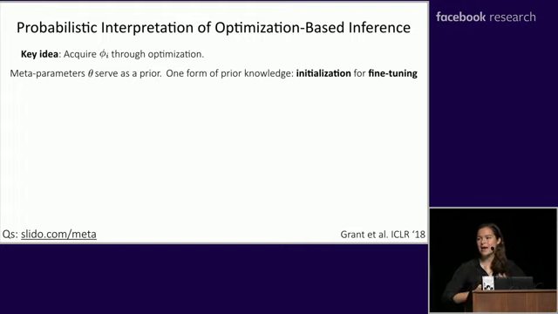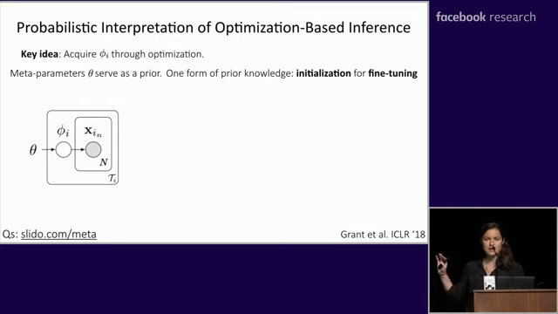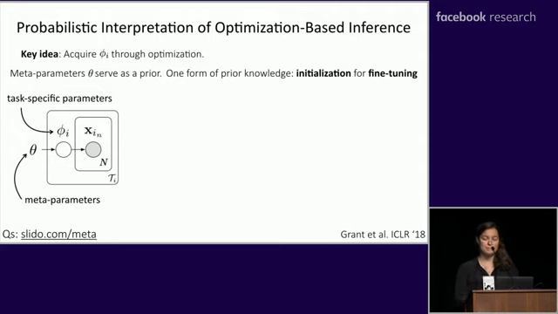To do so, we're going to look at Bayesian meta-learning approaches that use graphical models. This is a graphical model similar to the one that Sergey showed before, where phi i is the task-specific parameters and theta is the meta parameters. If you want to do meta-learning, or learn a prior theta, in this graphical model, it looks like the following optimization, where we're optimizing the log likelihood of the data given the parameters.